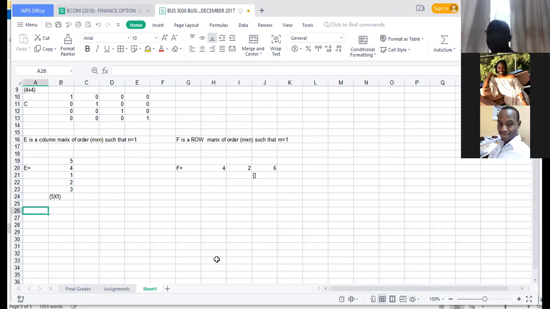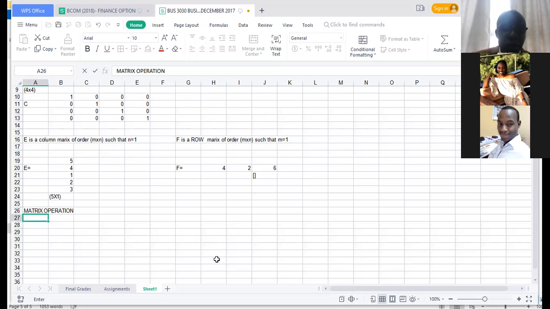Matrix operation: just as there are operations in normal number algebra.